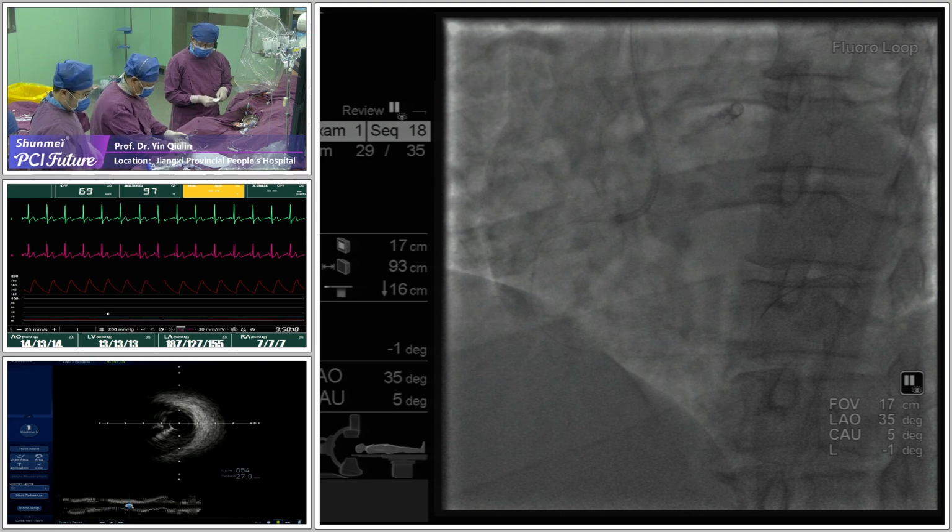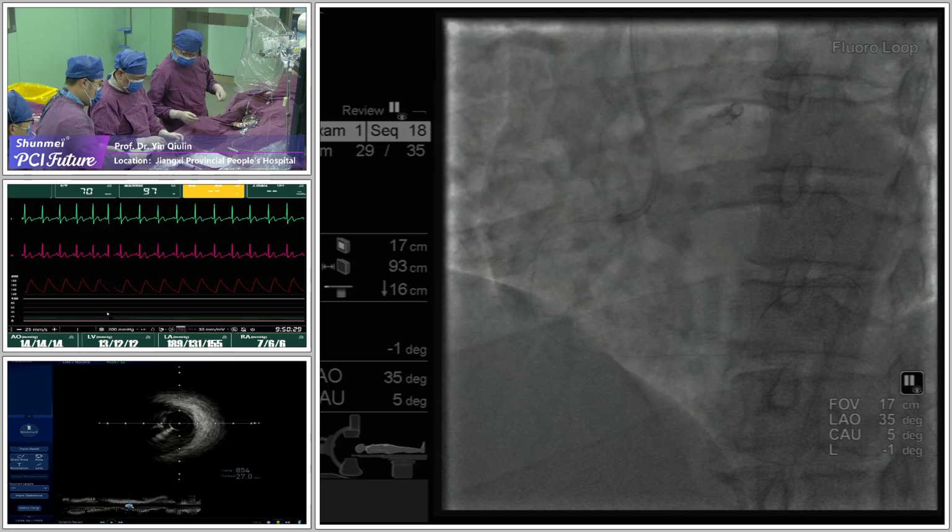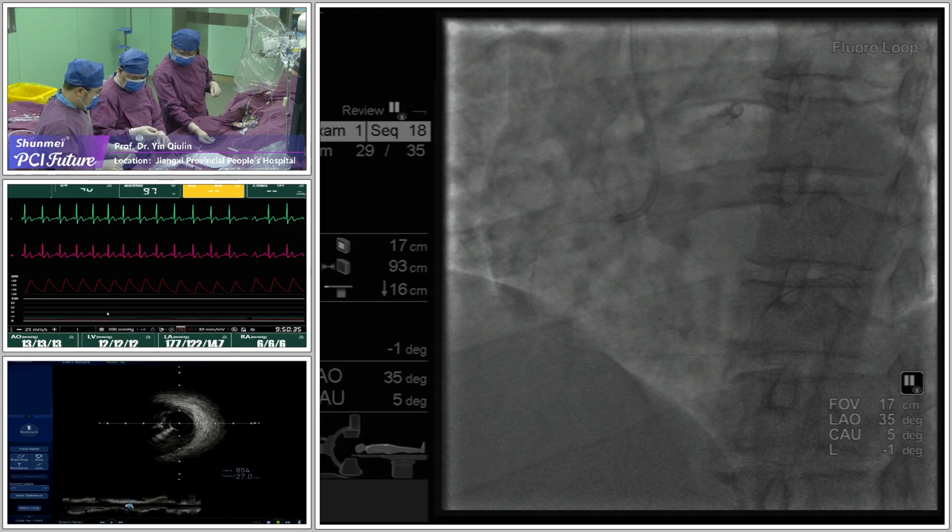To my surprise, we just use Cyan blue. Next, previous. Okay, this is a Cyan blue and Corsair.